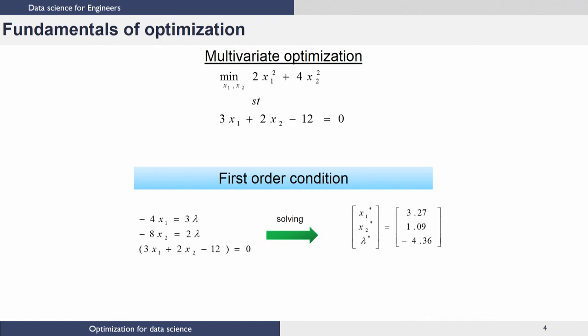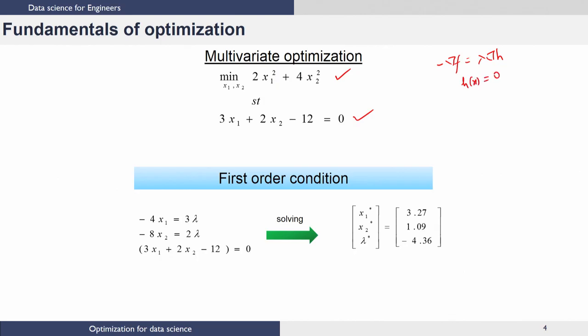So, we are trying to minimize 2x1 squared plus 4x2 squared as the objective function subject to this constraint. We wrote the following equations for the optimum point. For identifying the optimum point, we said minus grad of f has to be lambda grad of h, and then we have h of x equal to 0.